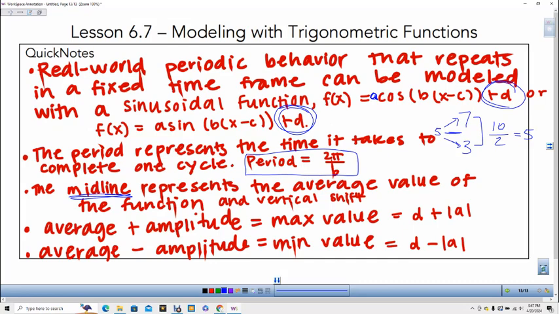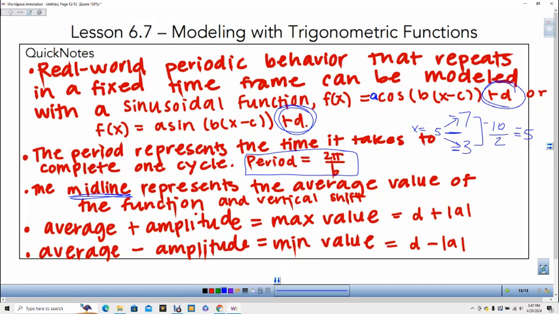Here you're adding these two, and the same thing works if they're negative, because you're finding the midline's equation. In this case, it would equal 5, but if these were negative, then it would be negative 7 plus negative 3, which gives negative 10, and a midline of negative 5.